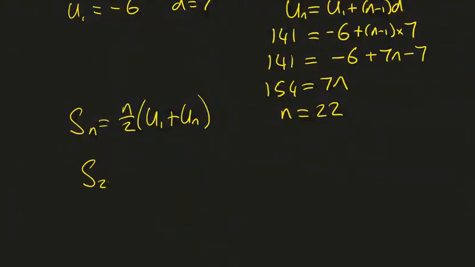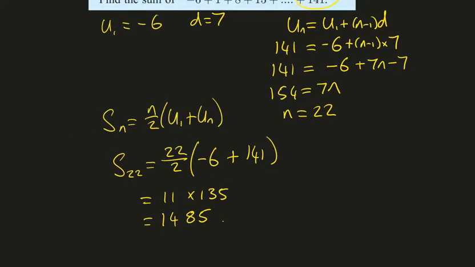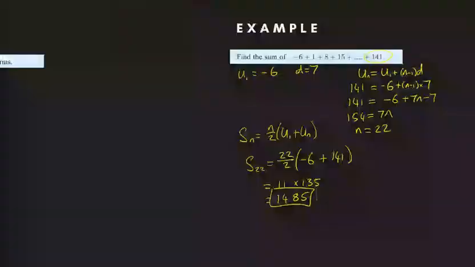So S22 is going to be 22 divided by 2 times (u1 is minus 6, and we've got un is 141). So if we work that out, we're going to have 11 multiplied by 135. That is 1,485. There we go. There's our sum.